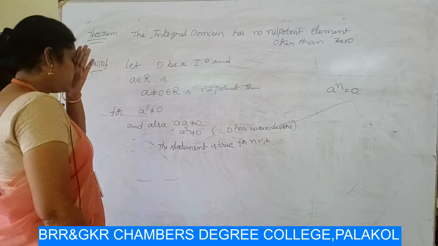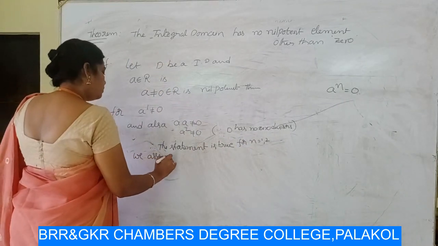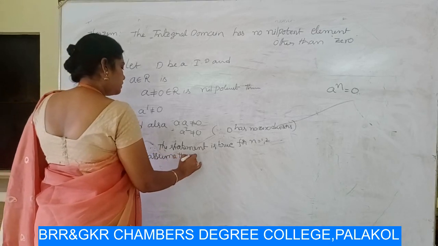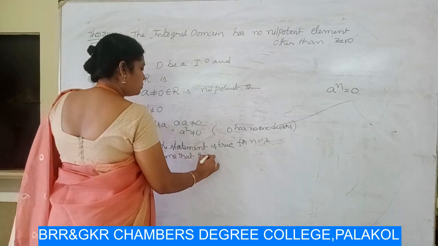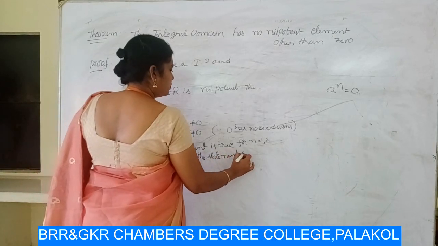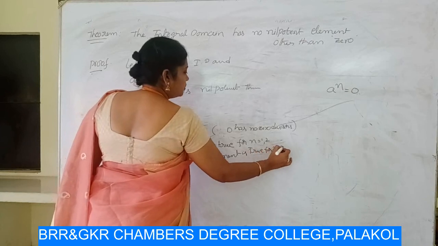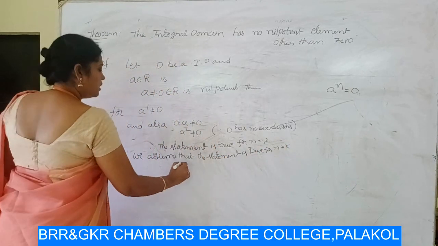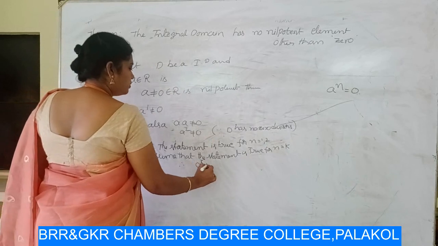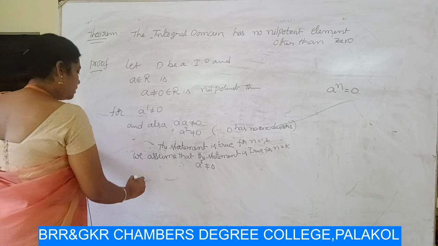Now we assume that the statement is true for n is equal to k, that is, A power k is not equal to 0.